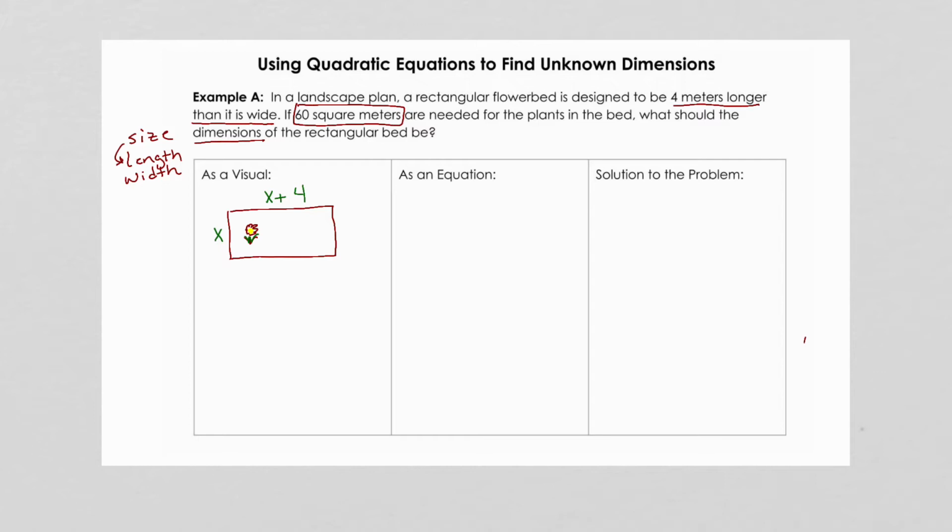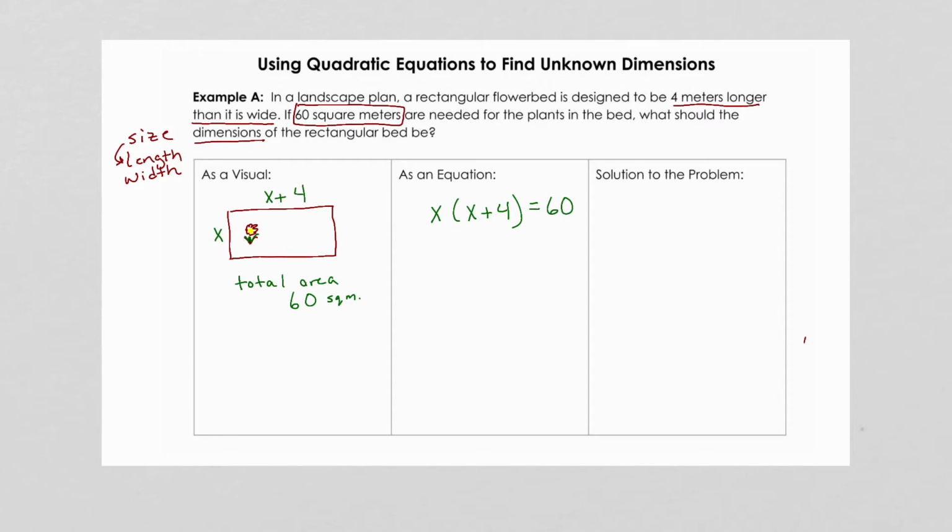Now, as an equation, we're told, of course, that the total area is 60 square meters. So as an equation, we know that to find area, we multiply the length times the width. So if I write that over here, it would be x times x plus 4, and I know that that area has to equal 60.